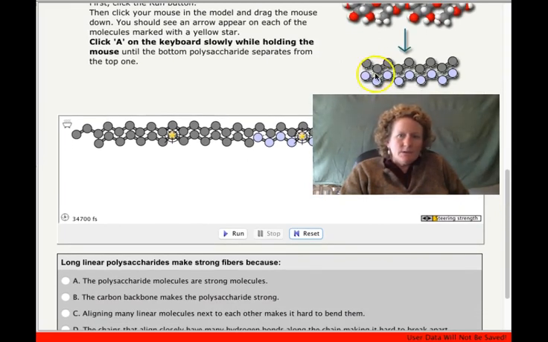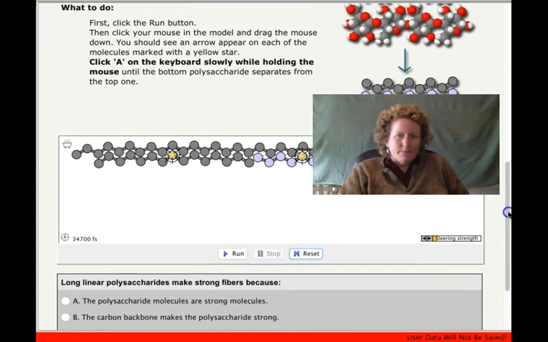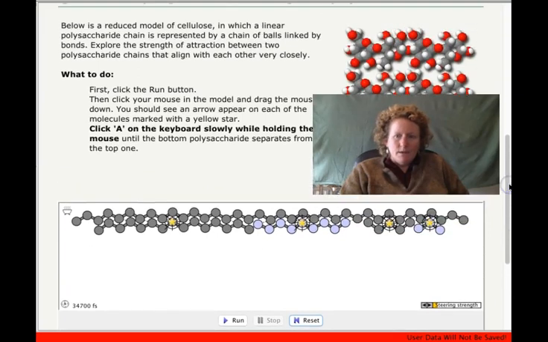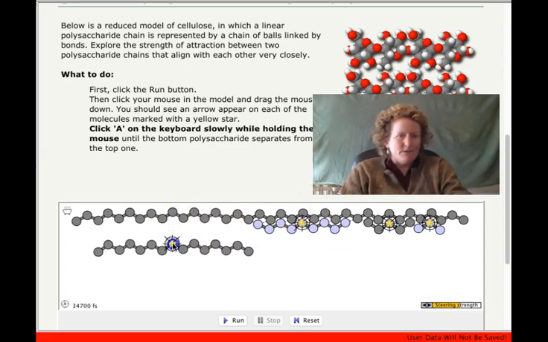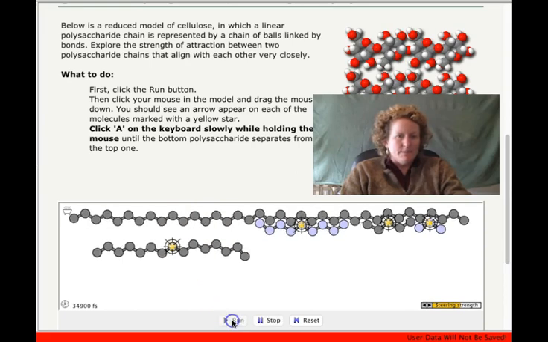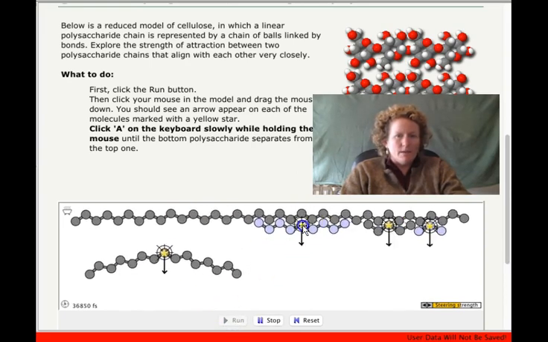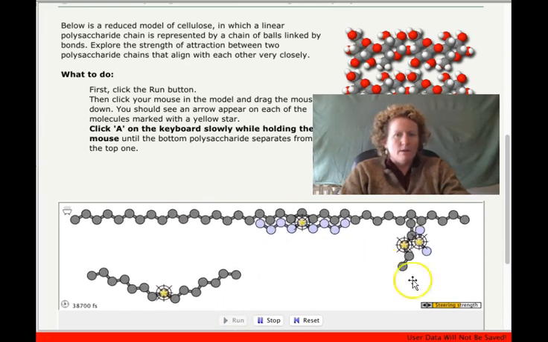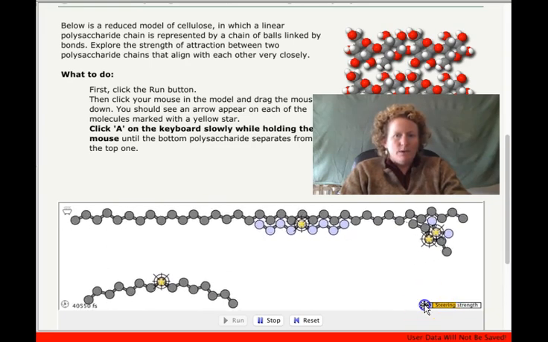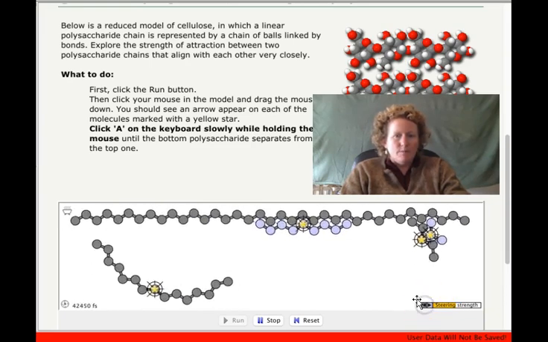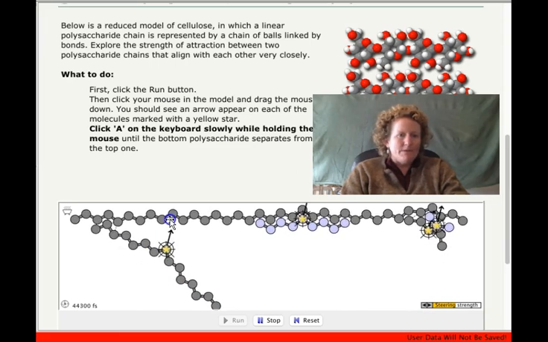You can see the little hydrogen bonding here, the little fuzzy stuff. Oh, I see. I have to up my strength here. It's like a video game. But if I'm at weak strength, I can't pull these apart. Let's push them back together.